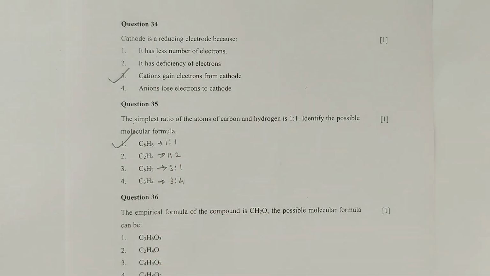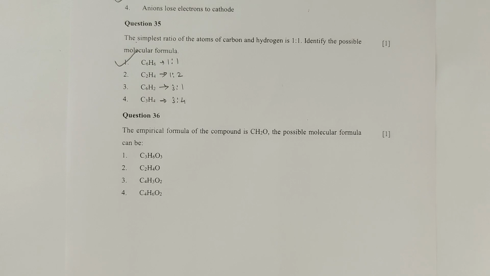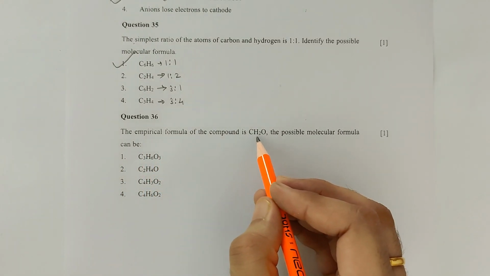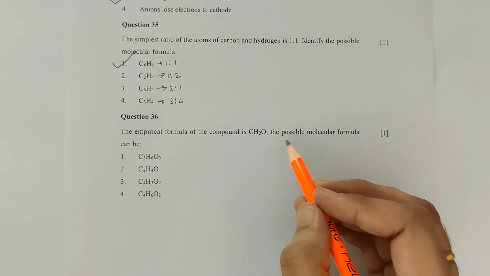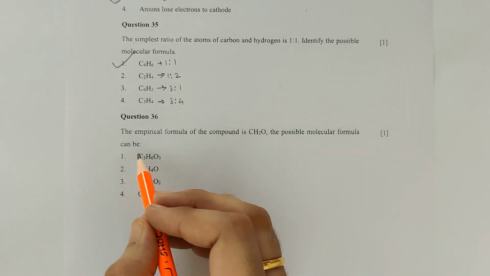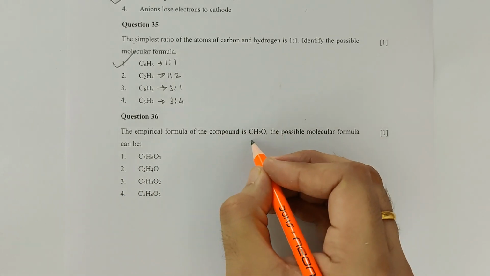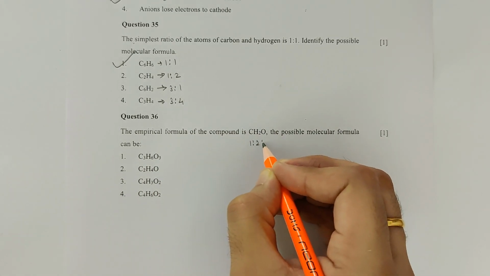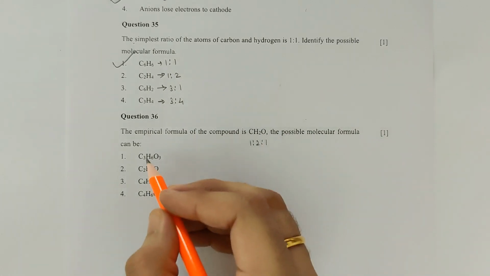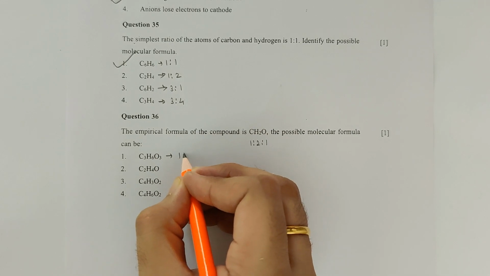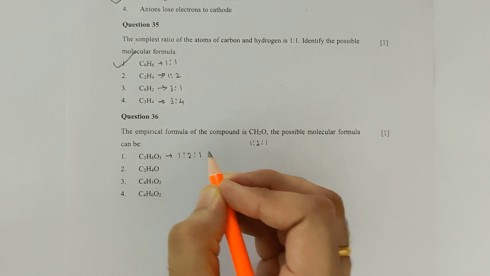Moving on to question number 36, we have the empirical formula of the compound is CH2O. The possible molecular formula can be, now over here first let's find the simplest ratio. So that will be 1:2:1. Now let's find the ratio for all the four options. This one will be 1:2:1.